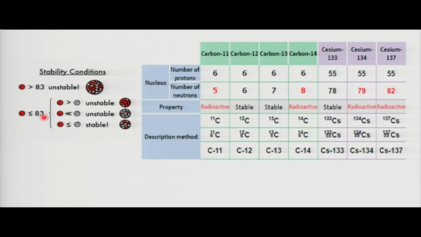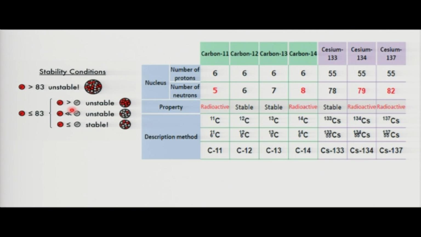If you're having proton number less than 83, then the balance between the number of protons in the nucleus and the neutrons also brings about instability and so radioactivity. Let's use specific examples in here.